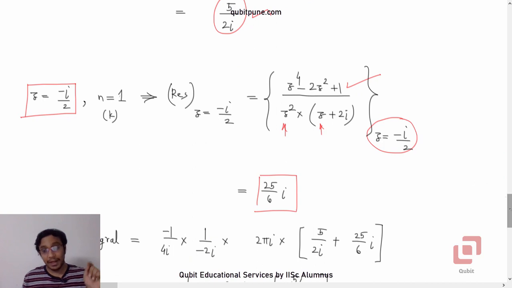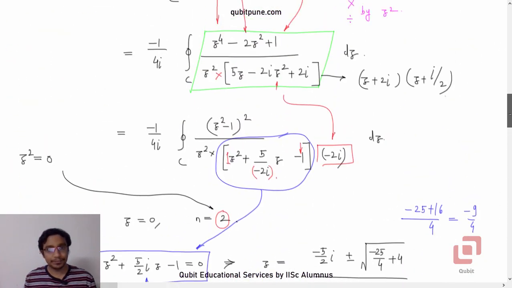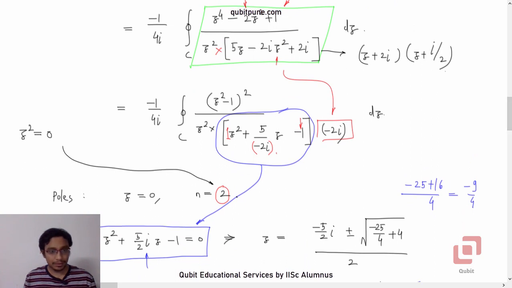And therefore the real integral is equal to 2 pi i times the summation of residues at those poles which are inside C, but let's also not forget these things: minus 1 upon 4i and this minus 2i in the denominator.